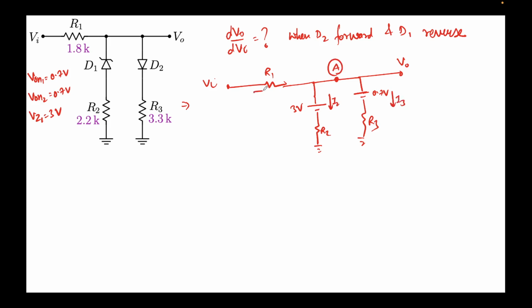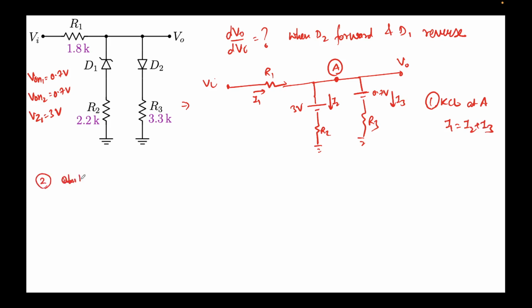If you apply KCL at node A, this is step 1, I can see the incoming current I1 should be equal to I2 plus I3. So now we just need to evaluate the value of I2 and the value of I3.